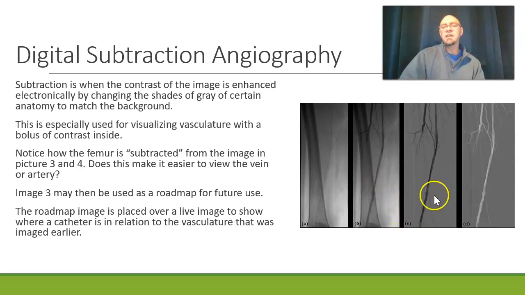So this is kind of nice. And then if you want to invert it, you might be able to see a little bit better or some more detail. Depends on who you are and your eyes and your training. Maybe some people see more detail with this, some people see better or more detail with that. But that's a nice example of digital subtraction, of taking out that femur as well as inverting the image to something like that.